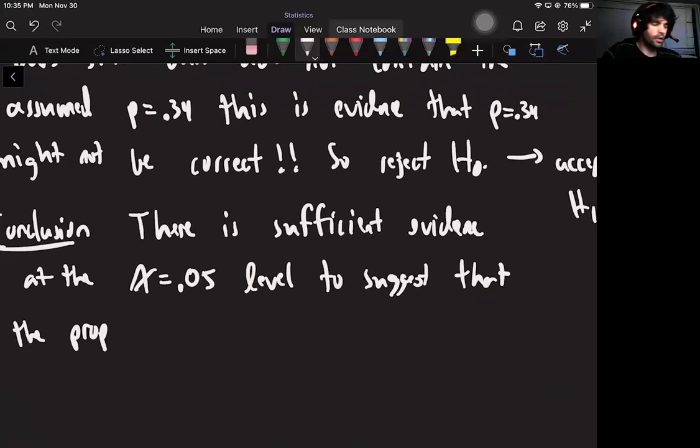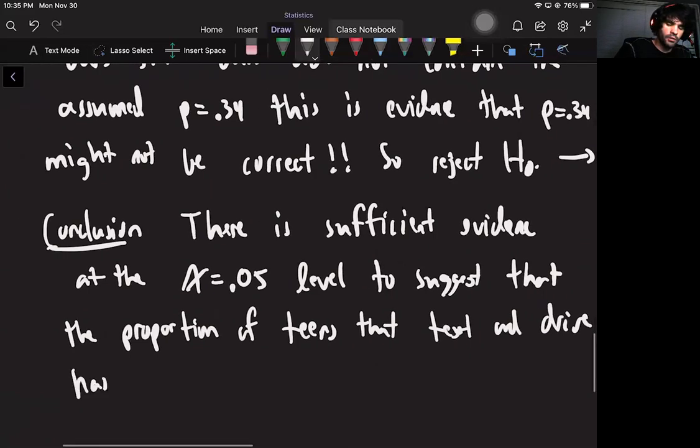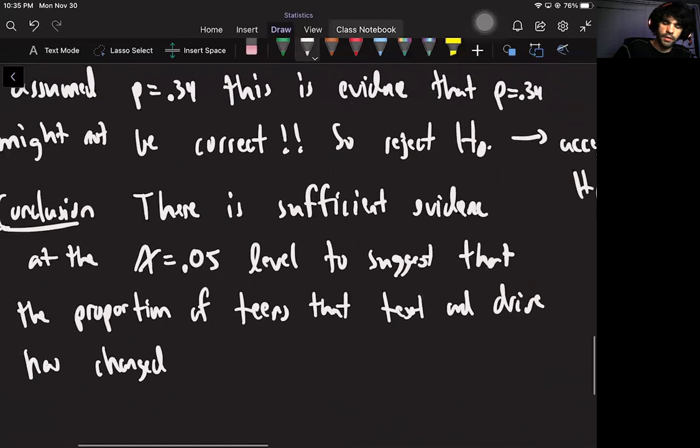So in context of the problem, we're saying that the proportion of teens that text and drive has changed. That's really what this is saying.